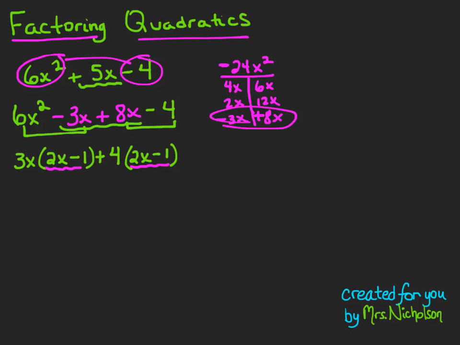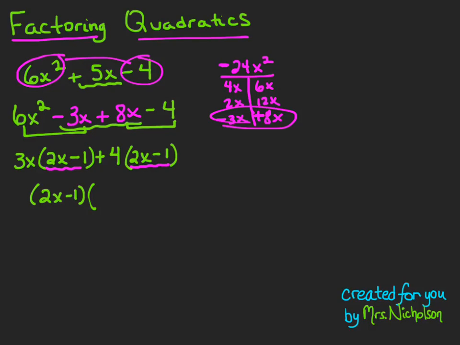So now what I have is a term 3x times 2x minus 1 plus another term 4 times 2x minus 1. Both of those terms have 2x minus 1. And so I'm going to factor out 2x minus 1.